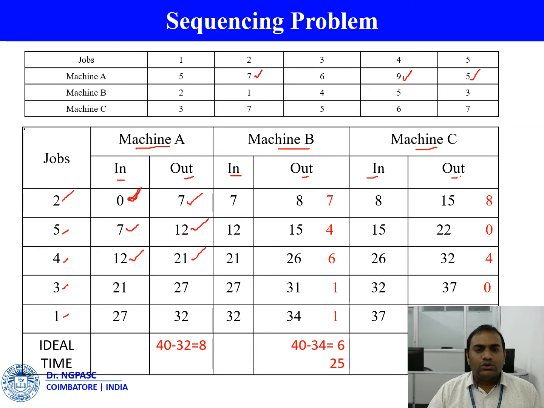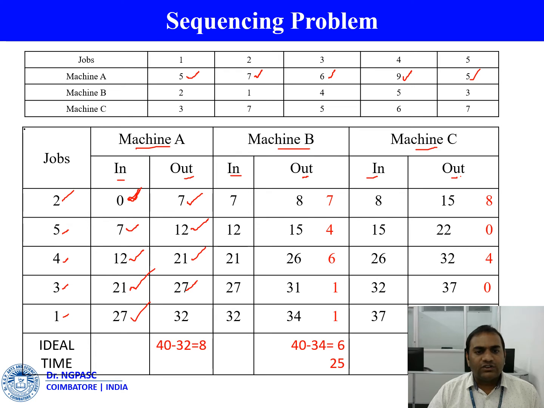Then 21 goes to time in of job 3. In job 3 the processing time is 6. So 21 plus 6 is 27. So 27 goes to time in of job 1 in machine A. In machine A the processing time for job 1 is 5.